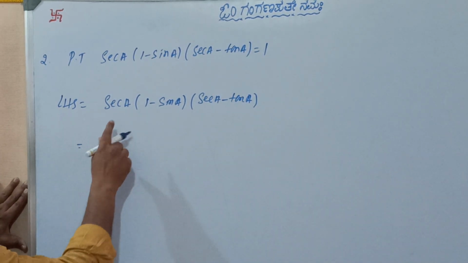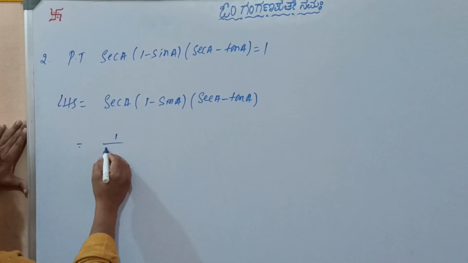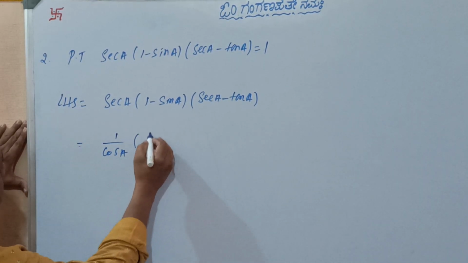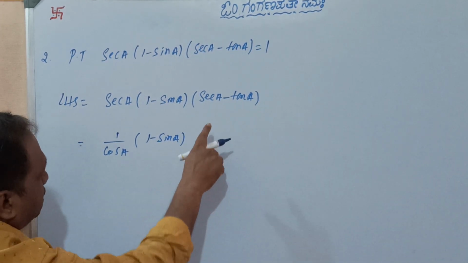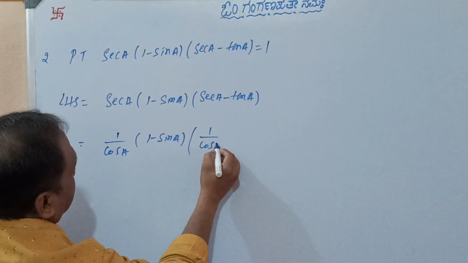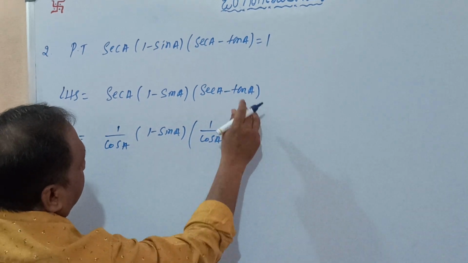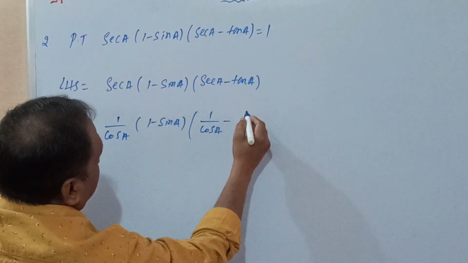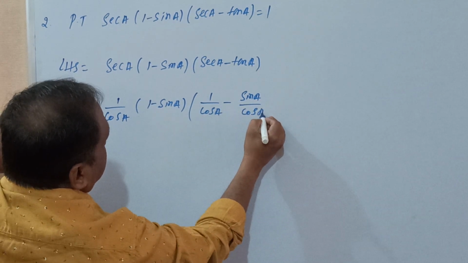Here I am going to use reciprocal relations. Sec A is written as 1 by cos A, and 1 minus sin A I will write as it is, and sec A I will take as the reciprocal 1 by cos A, and tan A as the ratio sin A by cos A.